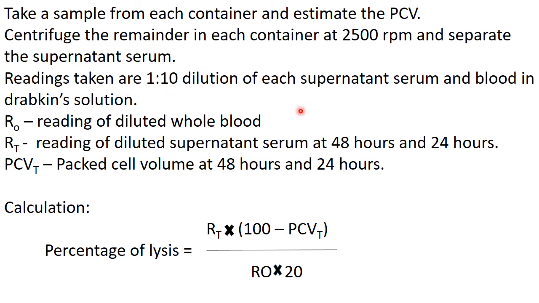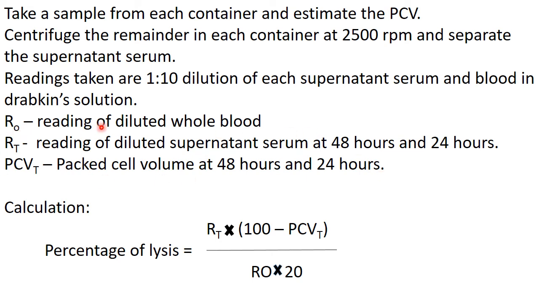Readings are taken at 1 in 10 dilution of each of the supernatant serum and blood in Drabkin's solution. So the blood we have taken to estimate the PCV is diluted with Drabkin's solution, and the supernatant serum likewise.